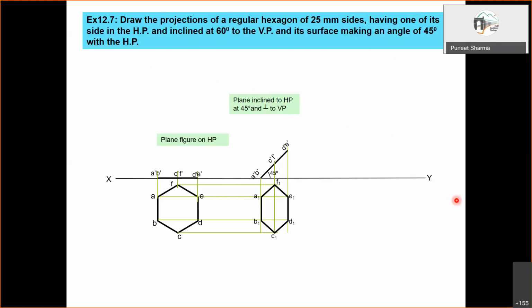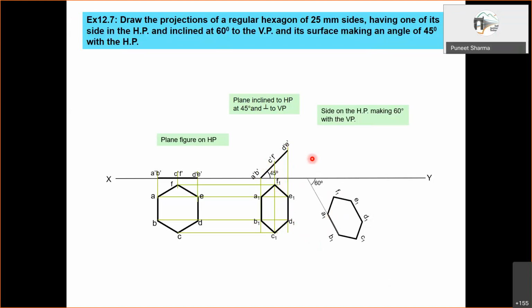Okay, in the final view, this edge has to maintain 60 degrees with the vertical plane. So now you have to reproduce this here by keeping this AB at 60 degrees. Also, as I had mentioned, redrawing the top view is equivalent to rotating this top view, and that means the plane figure in 3D will actually be rotating, but the distances of the corner points from the horizontal plane won't get altered.